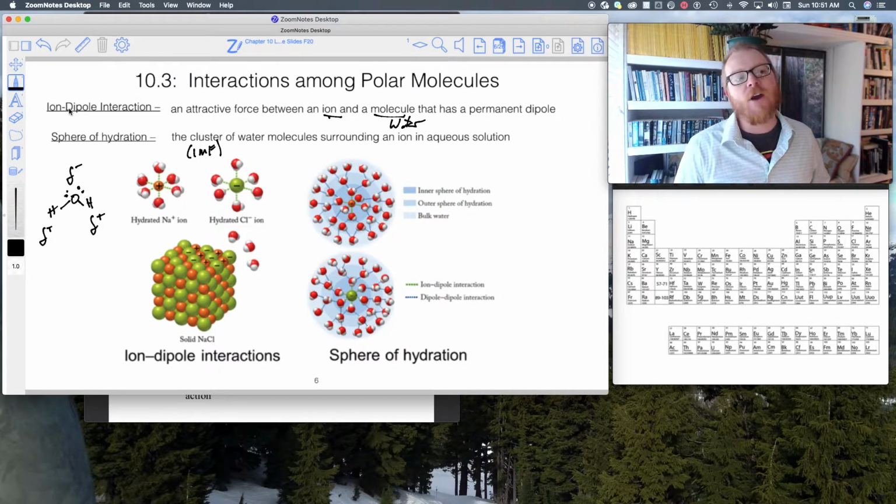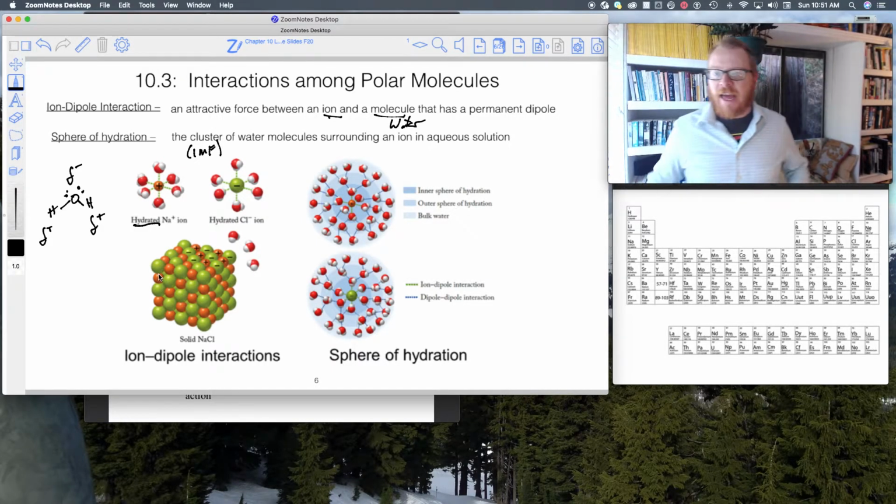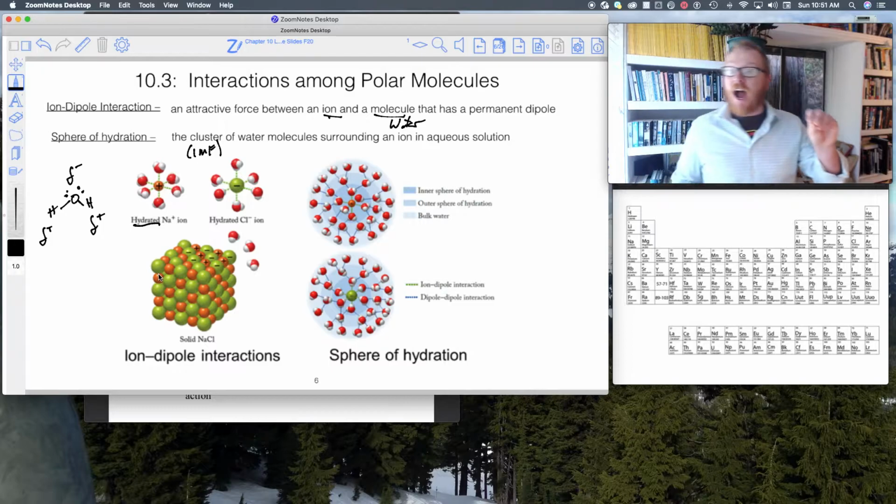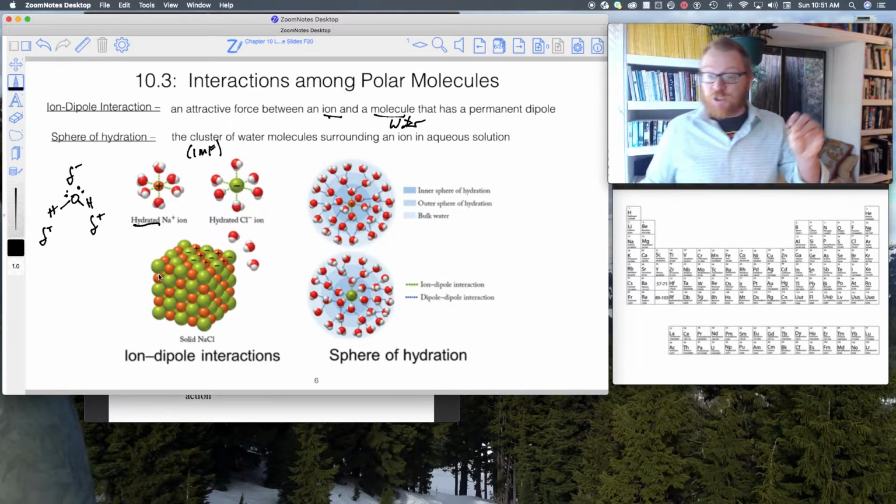Okay? So that's our ion dipole interaction. But now if we look, and we would call this a hydrated Na ion, because that sodium plus ion is not like naked or anything like that, right? It's surrounded by water molecules, and as that ion moves through solution, those water molecules travel with it.